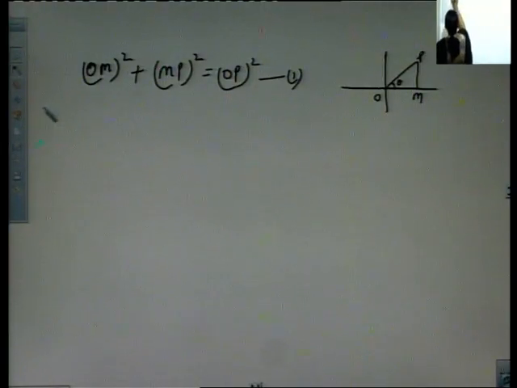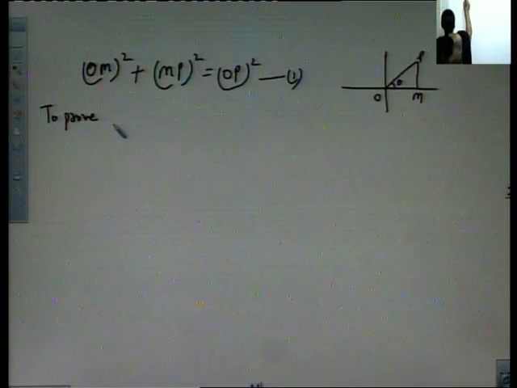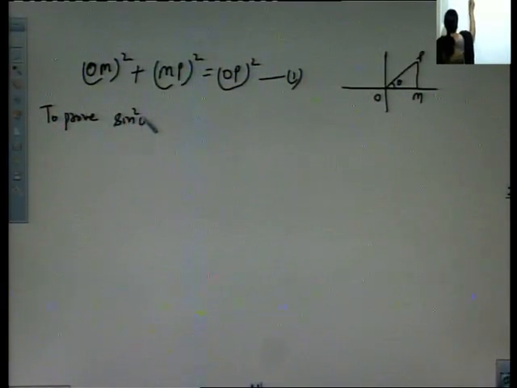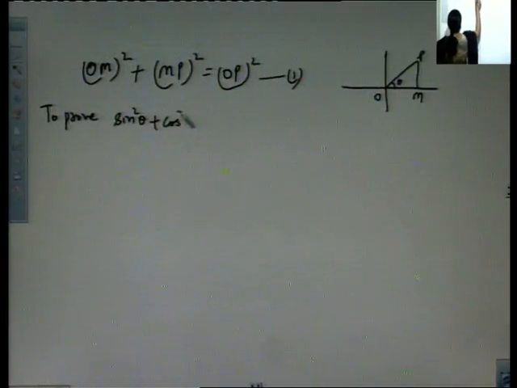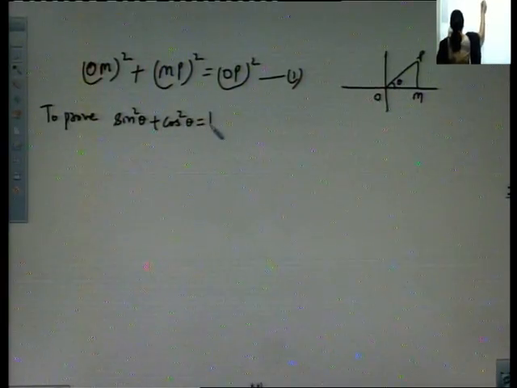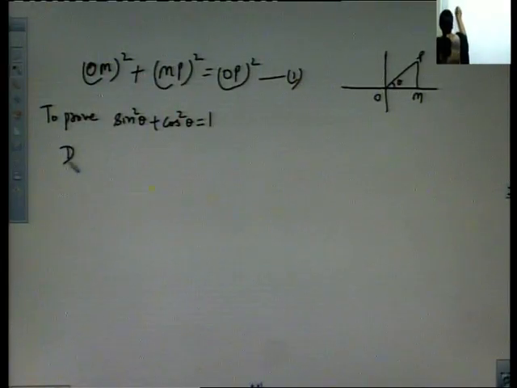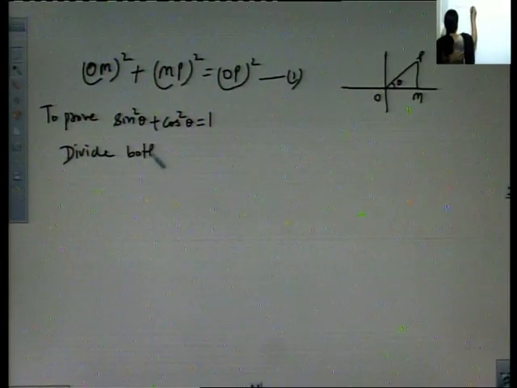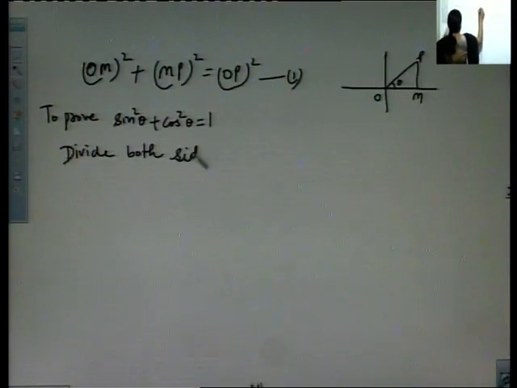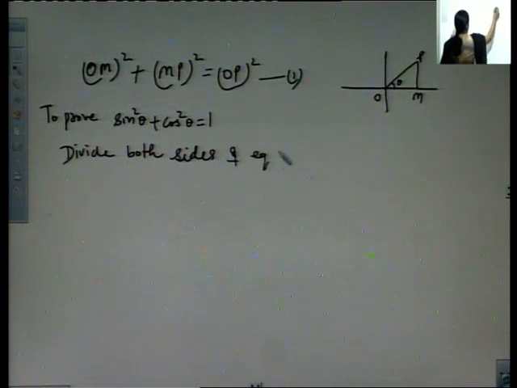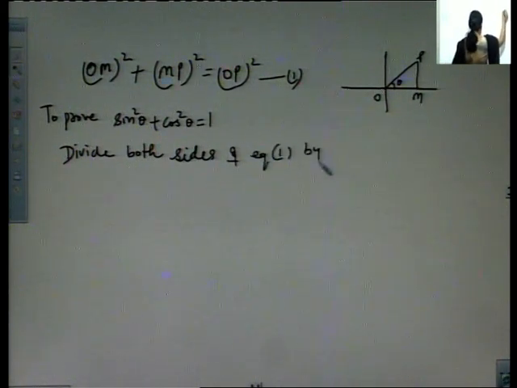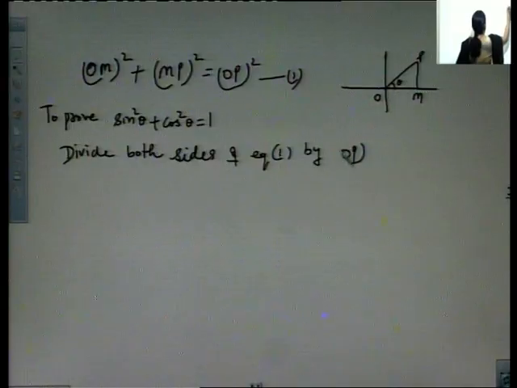Now to prove sin square theta plus cos square theta equal to 1, divide both sides of equation 1 by OP square.